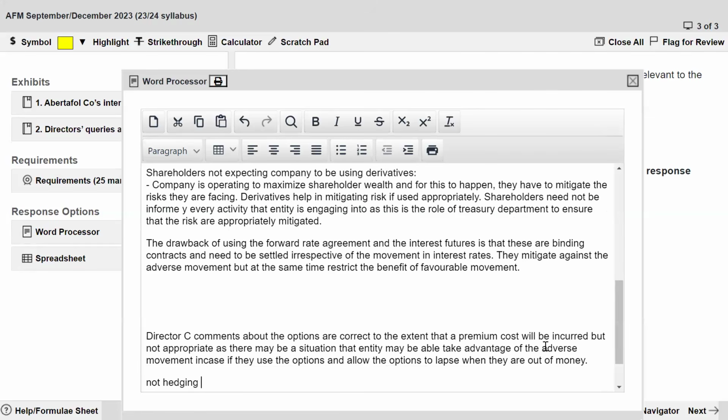Not hedging at all is exposing the entity to excessive risk and is not recommended.